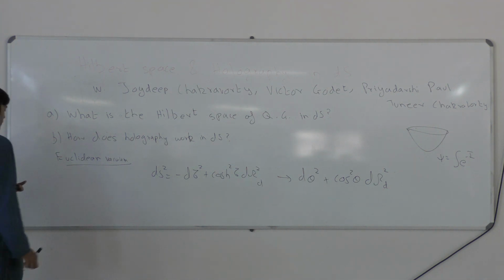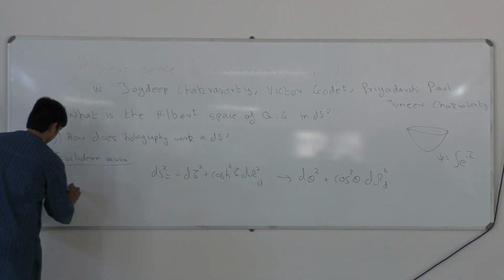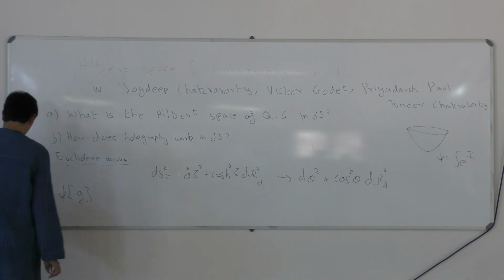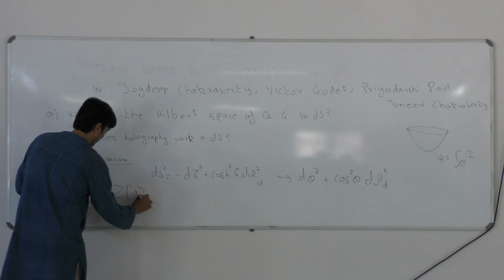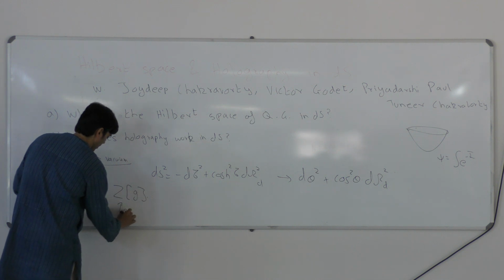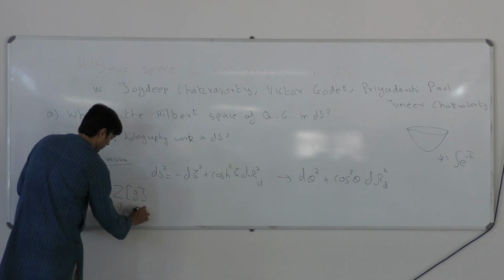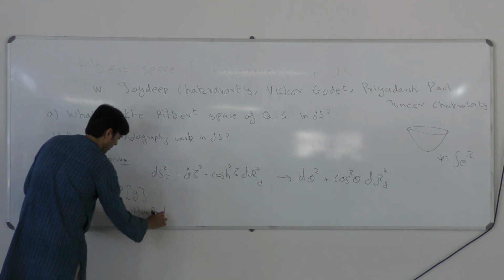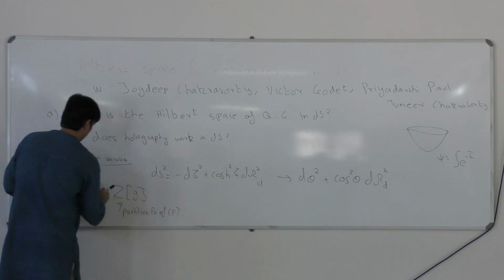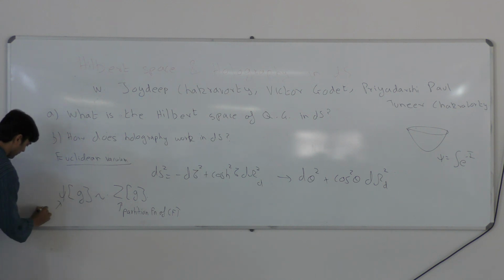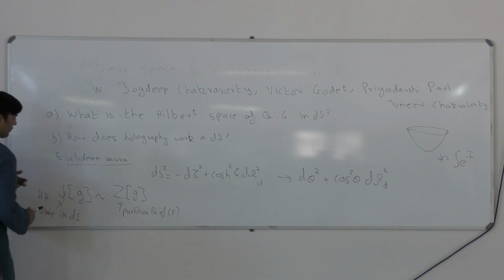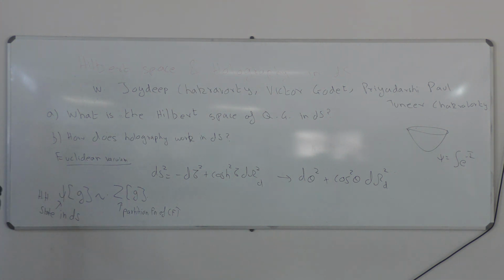And there's also been a proposal, sometimes called dS/CFT, which is that psi of g is Z of g, where this is a partition function of some appropriate CFT. And this is the state in this iteration. And this is also something that's attracted a lot of attention.